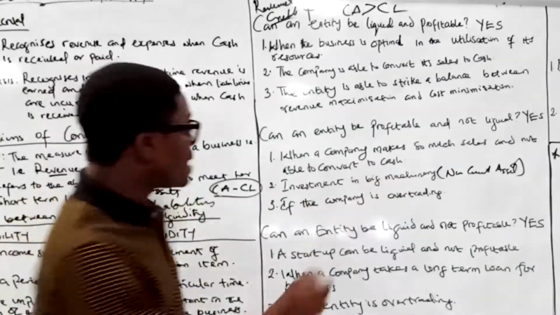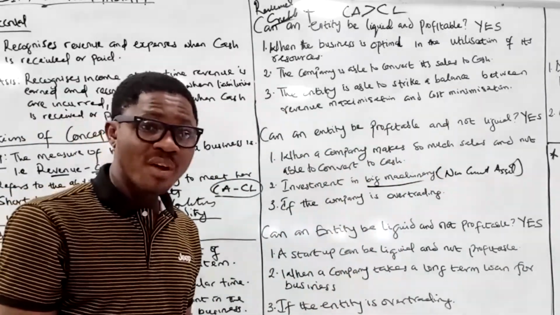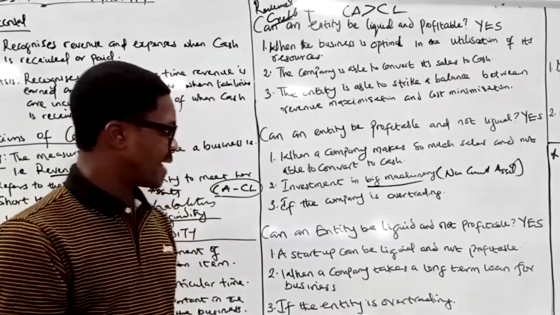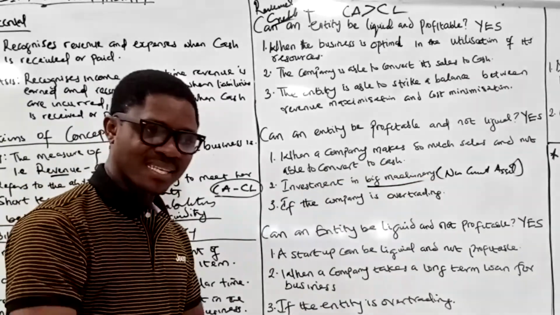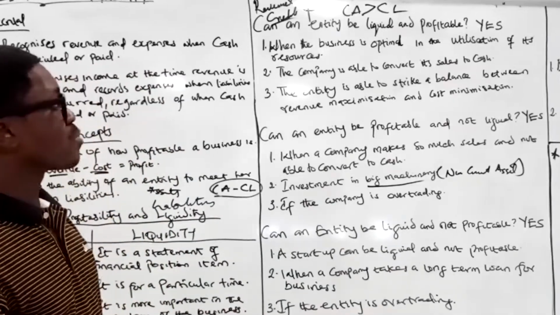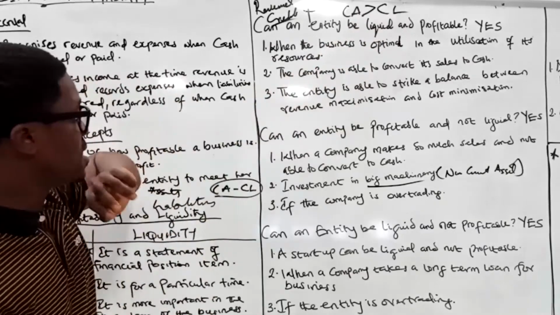But the moment the big machinery is purchased, it doesn't translate to revenue at that particular time, but may in the long run. But at the moment, it has landed the company in what we call a cash trap, and that will definitely affect the liquidity of the entity.